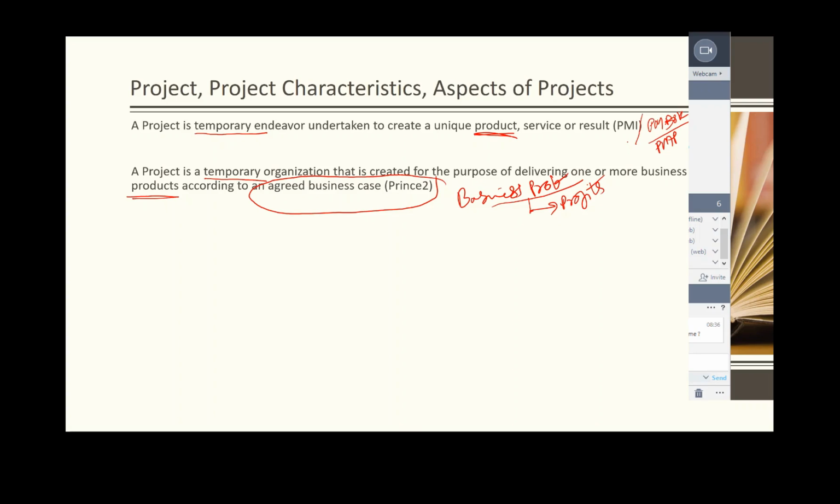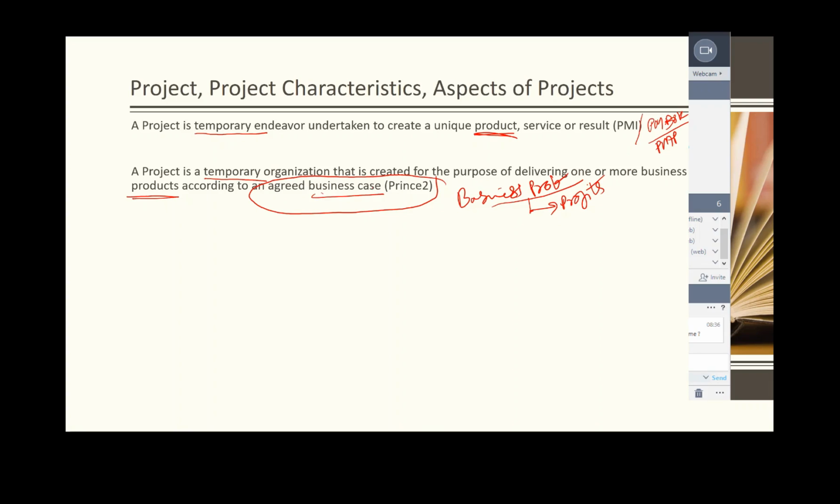So in Prince2, according to the definition, the focus is on the business case. That means why we are taking this particular project, what is the profit, what is the return on investment if this project gets completed.